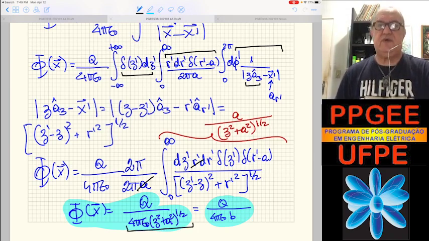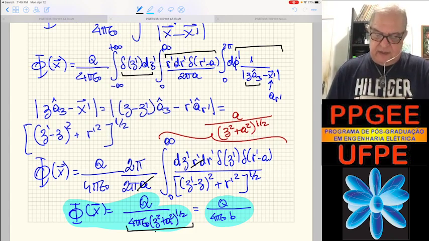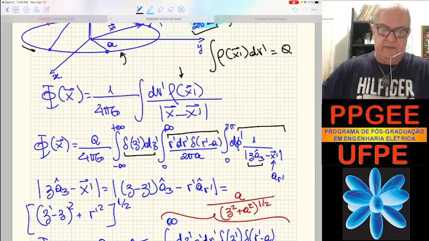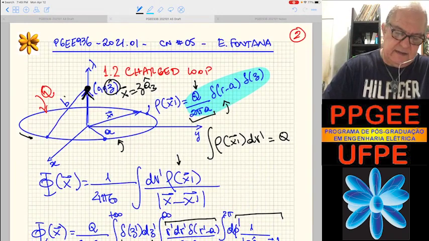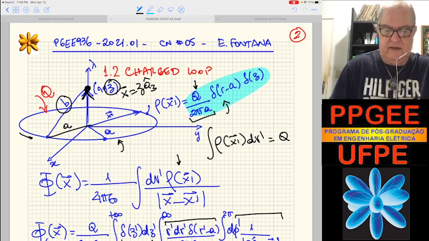And this z squared plus a squared, which is this term here, is simply this distance b, right? This is a, this is z, a rectangular triangle.